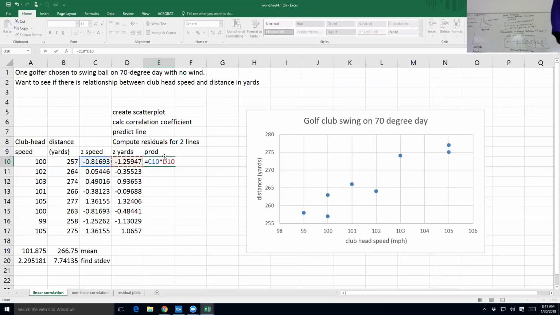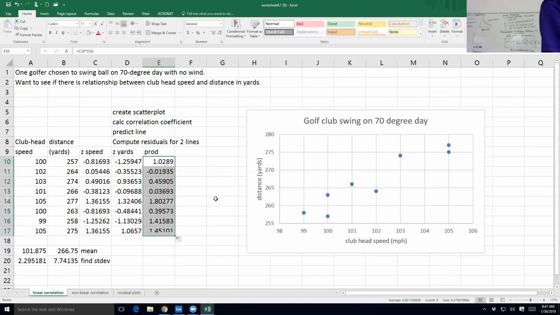Do I need to F4 those? No, I want those to change. I'm going to copy those down. What's the next step? Number 5, it must be Jenna's turn. What does step number 5 say? Add them up. What am I adding?